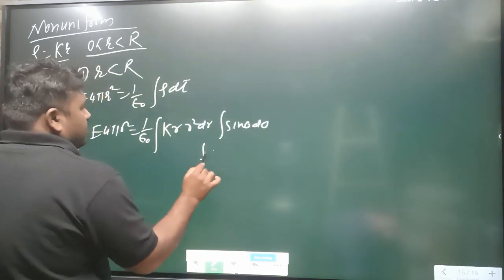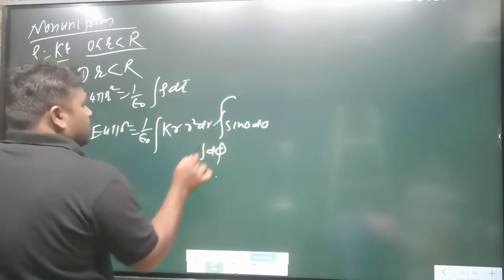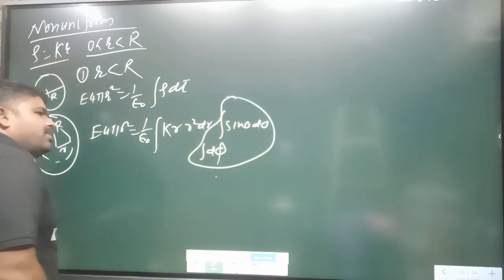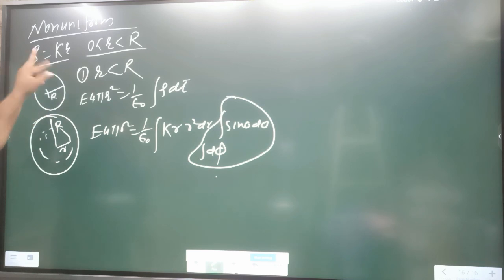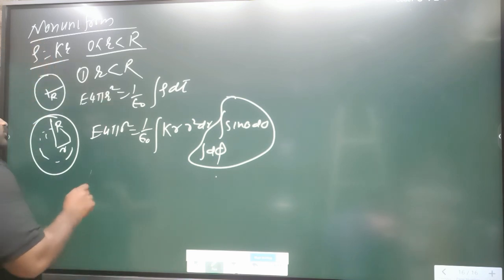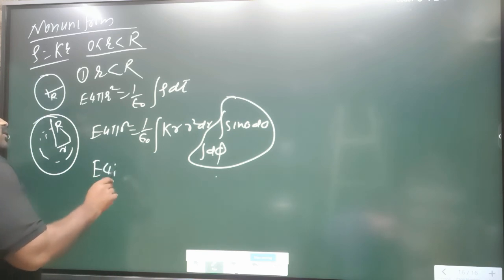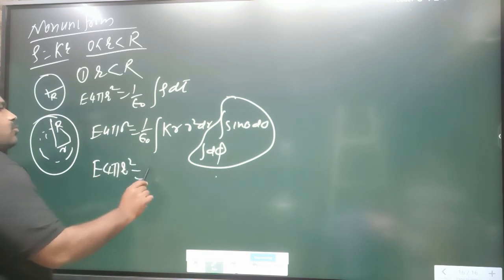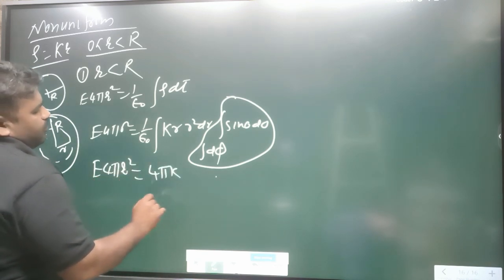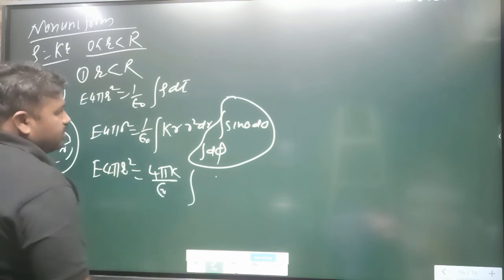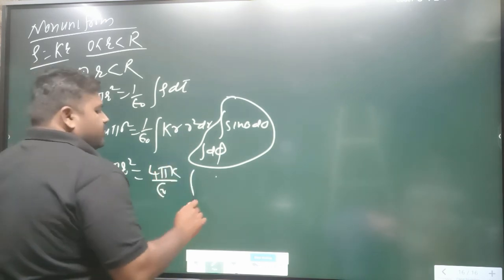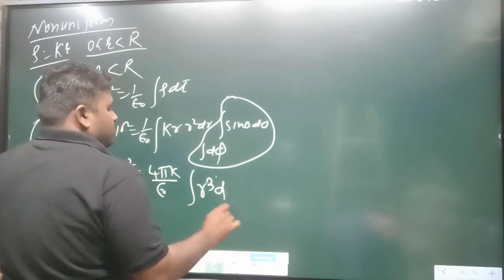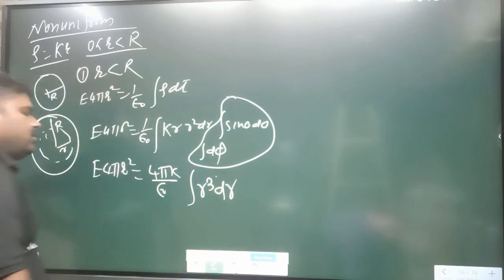Rho does not depend upon theta and phi, so directly we can take 4 pi. So 4 pi k upon epsilon naught integration of r to the power 3 dr.